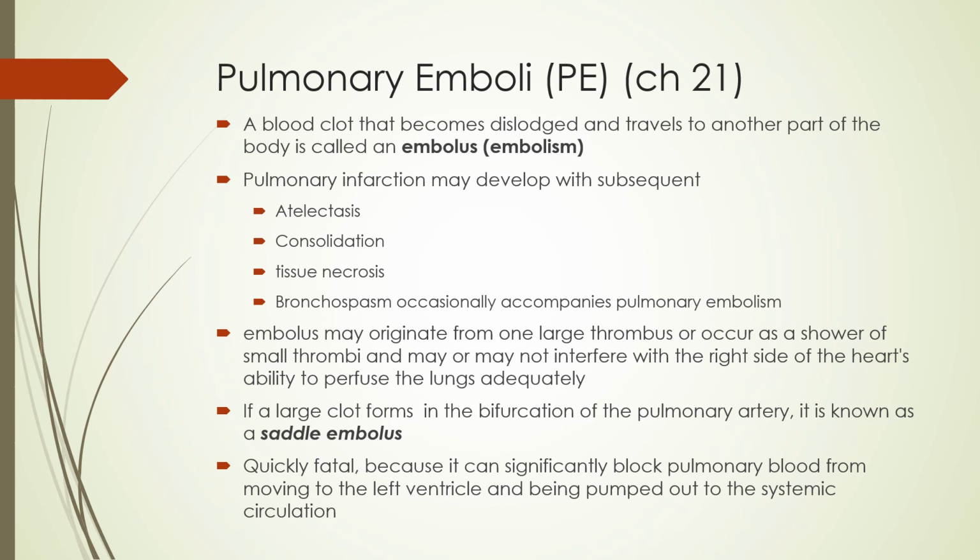So pulmonary infarction may develop subsequently, right? So we have nice, good blood flow going through everything, and then we got this little clot that breaks off and travels to the lungs, and then once it travels to the lungs, remember our arteries go into arterioles and they get smaller and smaller. So once that clot travels, it blocks off blood flow to that area, right, as it gets smaller.